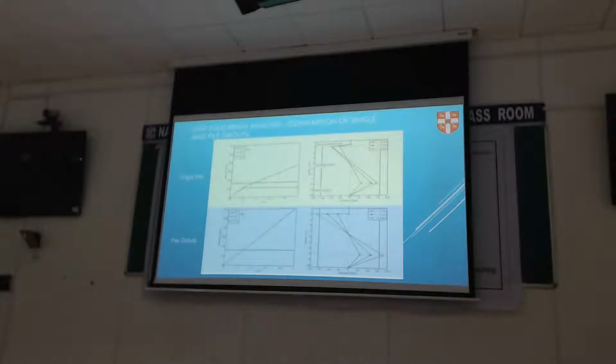Which means the bending moment in the pile itself need not be that big because you've got the frame action helping you. It's like applying a reverse moment at the end of a beam, a fixing moment at the end of a beam. So you can do these kind of nice calculations.